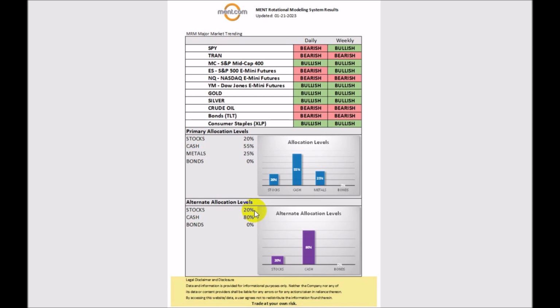The reality is the rotational modeling system has done extremely well this year and last year, and we are holding this position until we get a clear, actionable, broad market strategy trigger to move forward.